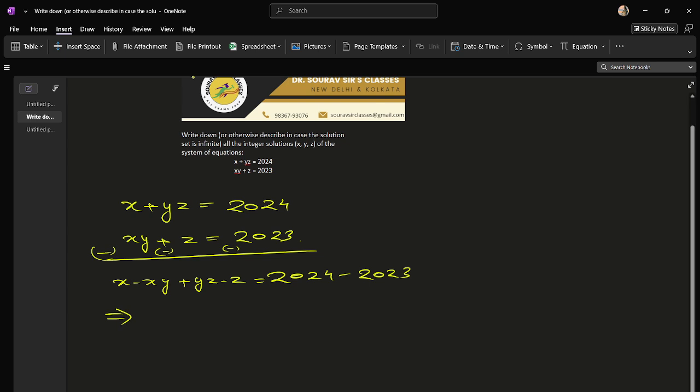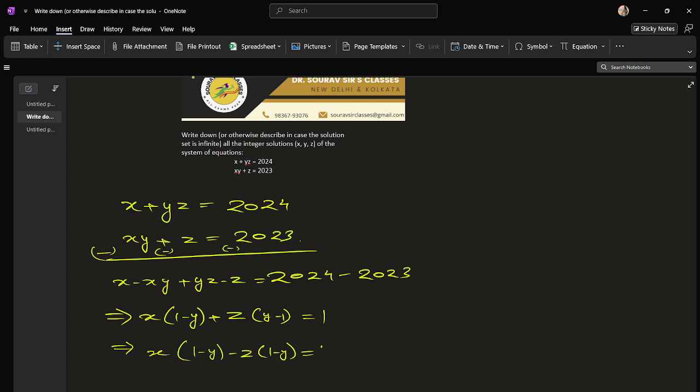Then we can take common factors: x into (1 minus y) minus z into (1 minus y).